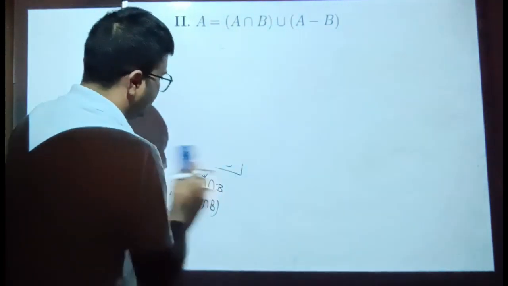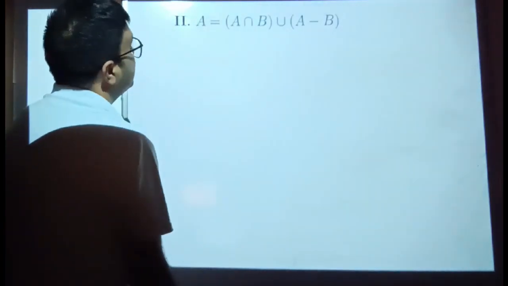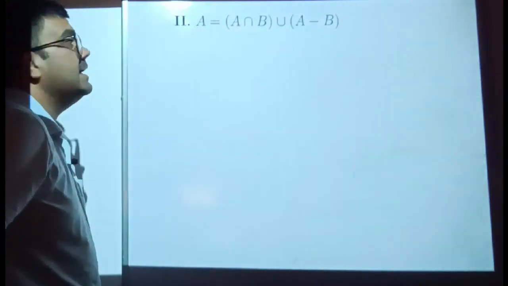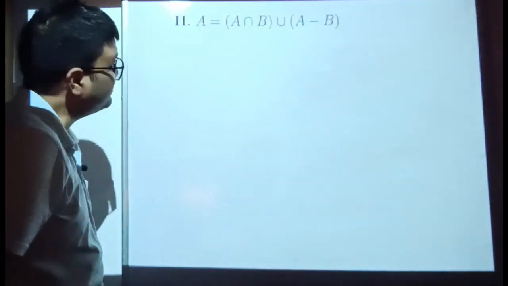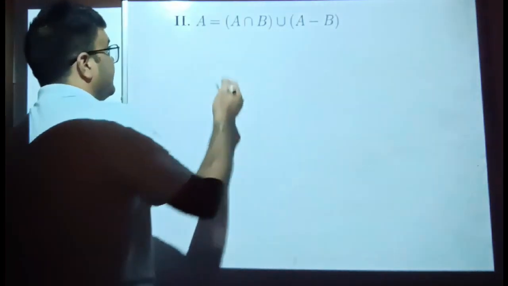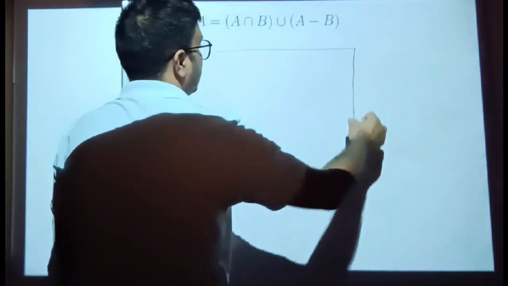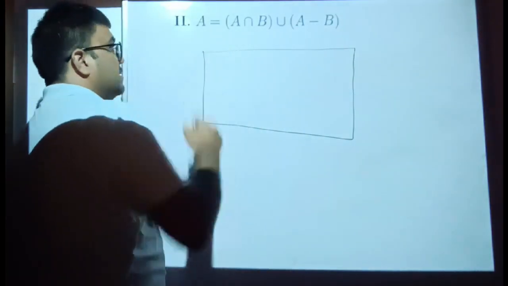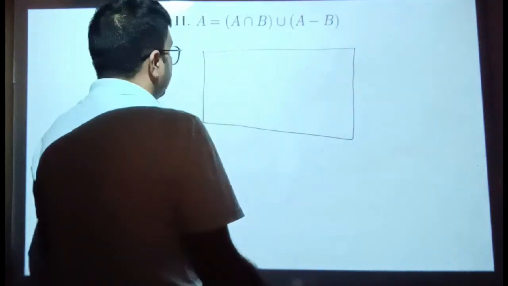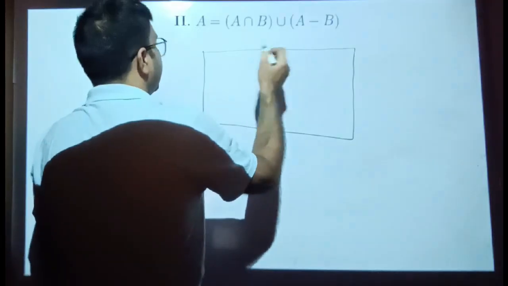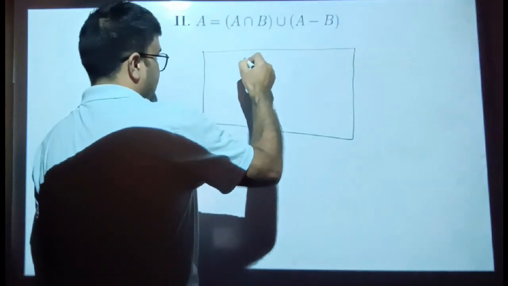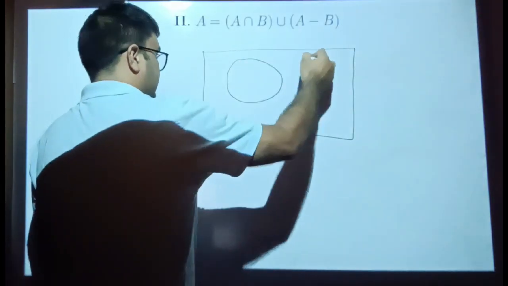Next thing that we need to understand is that A is equal to A intersection B union A minus B. Again, let us plot the Venn diagram. We will see these results using Venn diagrams. Proofs we will discuss in the next lectures.